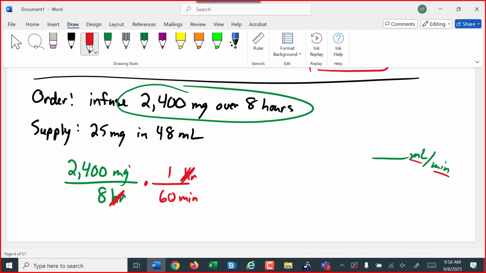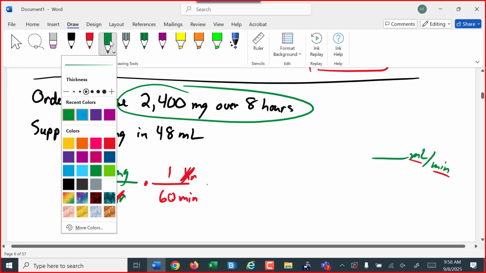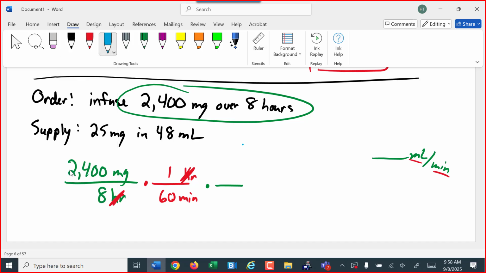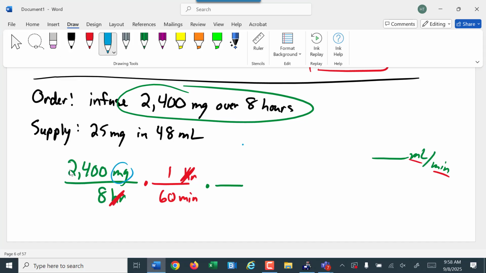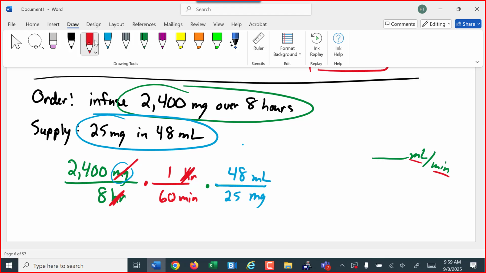I am now currently in milligrams per minute. So now I need to get rid of the milligrams. Since milligrams are on top, I'm going to put milligrams on bottom to get them to cancel out. And my label on my supply says that 25 milligrams is equivalent to 48 milliliters of solution. So my milligrams cancel out.